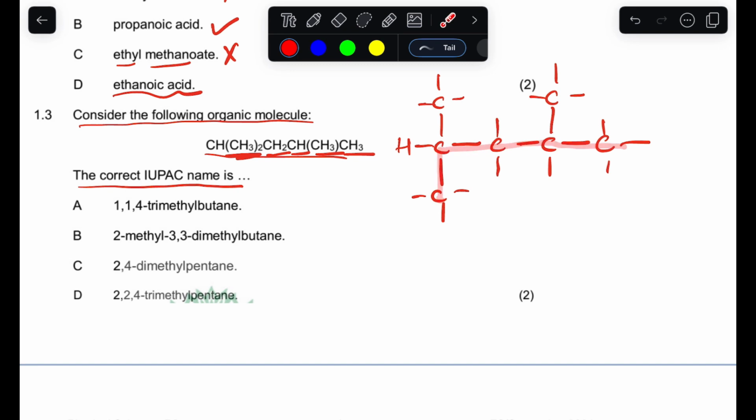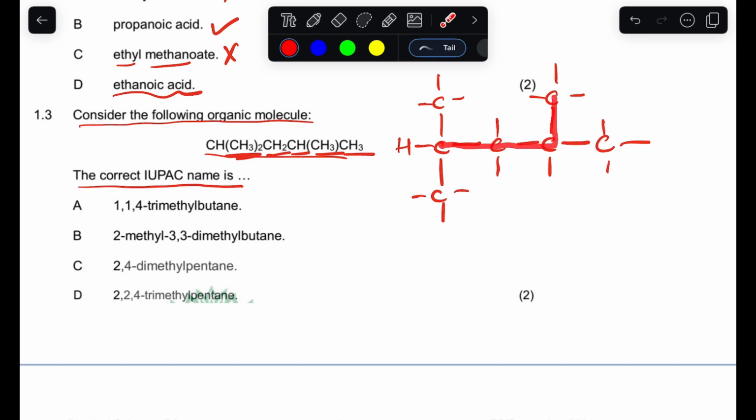It's pent. Okay, let's look at this way. 1, 2, 3, 4. No, man, that's shorter. What am I doing? 1, 2, 3, 4, 5. I don't know what's wrong with me.